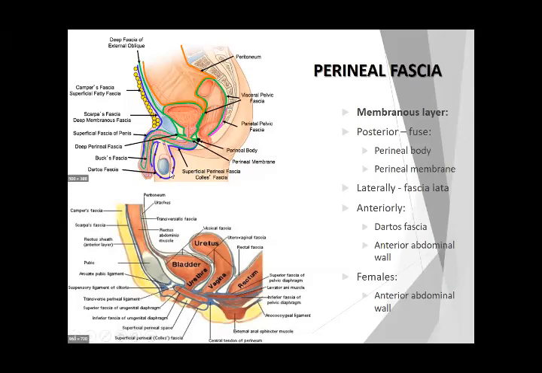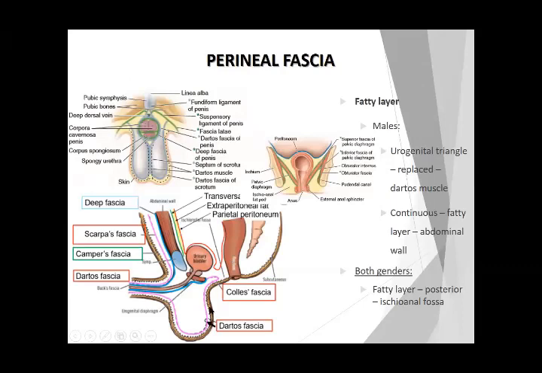This is the dartus fascia, not the dartus muscle. The dartus fascia is present inside the layer of dartus muscle. Let me go back over here. Please note, this is the dartus muscle and this pink is the dartus fascia. Okay, this is the membranous layer. You can follow it over here.